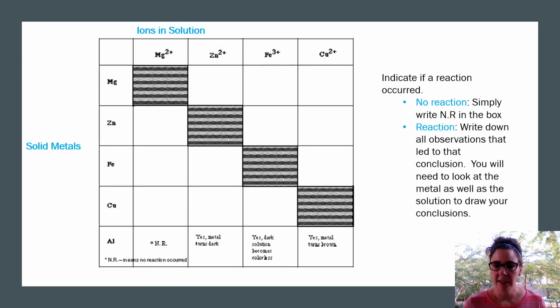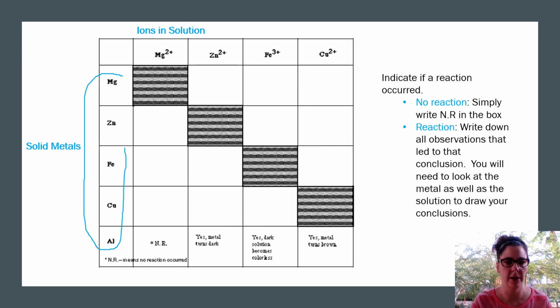Okay, so the last thing to look at is your report sheet. You are recording your observations today. The way this works is you're going to fill in your observations in your notebook in these boxes. As reference, these metals over here making the column are the solid chunks of metal.